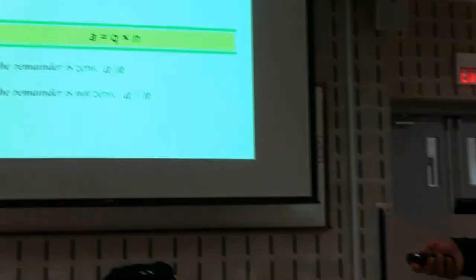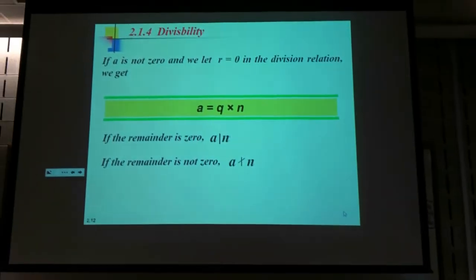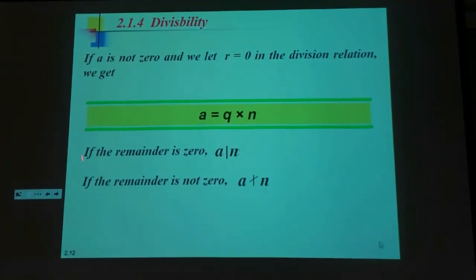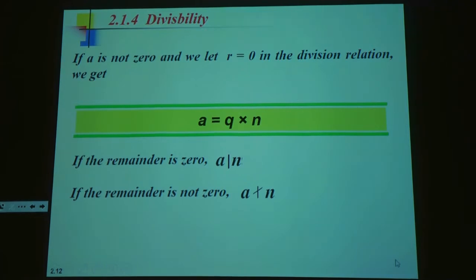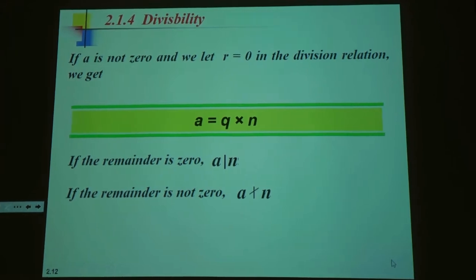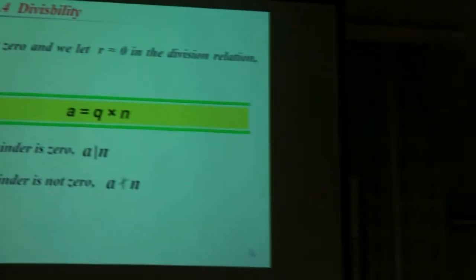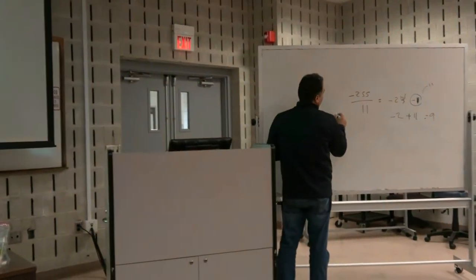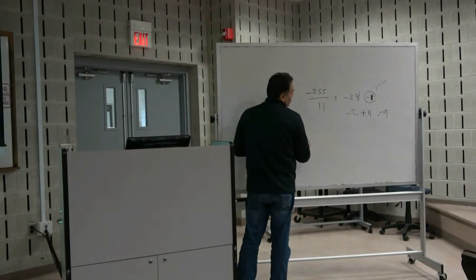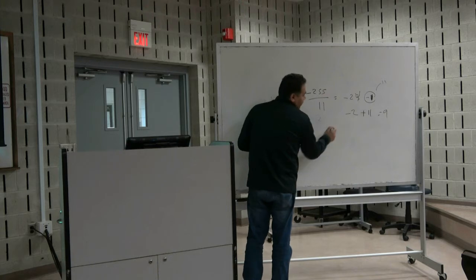So let's talk about divisibility. Sometimes if the remainder is 0, then a number is dividing a number. For example, when you say 2 divides 4, that means 4 divided by 2 gives you 2, and the remainder equals 0.